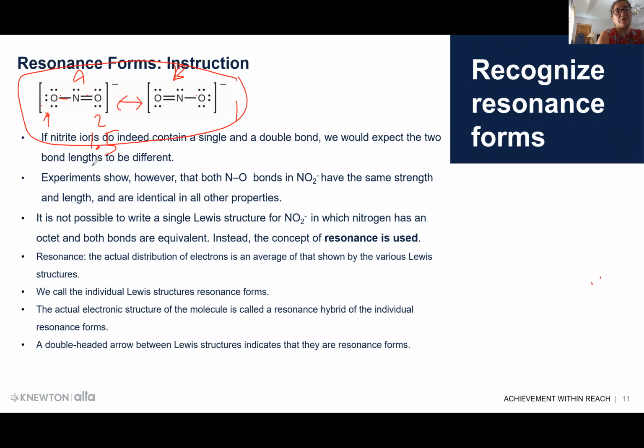If it's shared between two, it would be 1.5 bond order. And if I say bond order, I prefer to say the NO bond order, so it's more specific. They are identical.